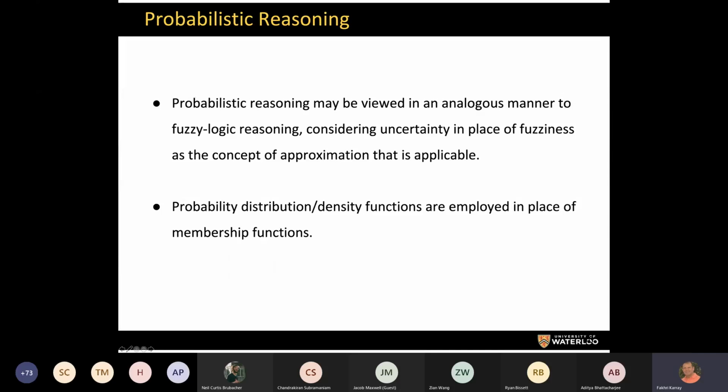Probabilistic reasoning is another area of computational intelligence. We are not going to see it during this course, although we are going to talk about fuzzy logic reasoning. We are going to touch a little bit on probabilistic reasoning, but we are not going to go into the details of how to create a classifier or a predictor based on probabilistic reasoning.